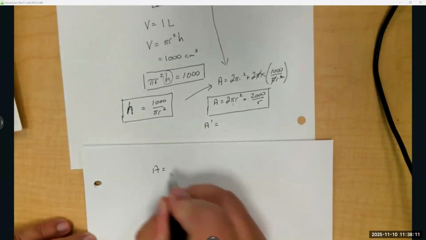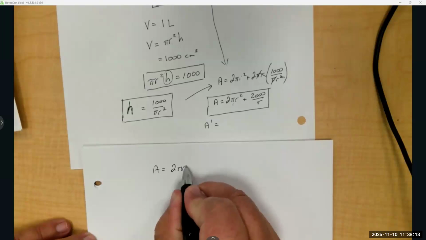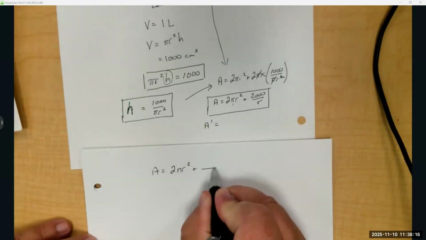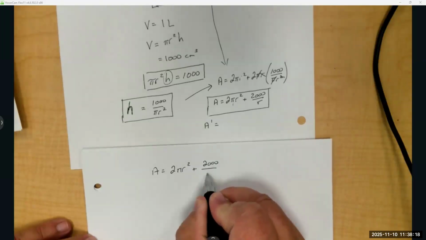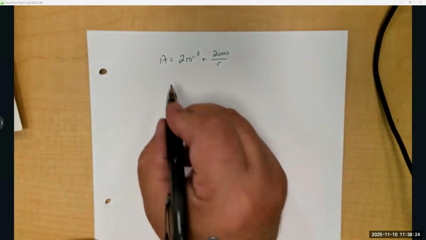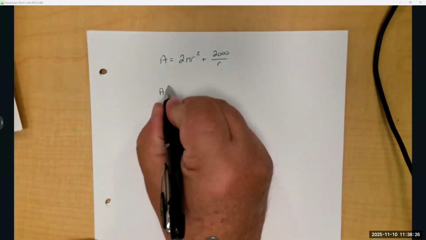A is equal to... so what's A prime going to be?